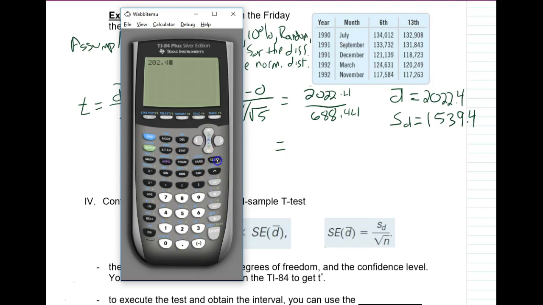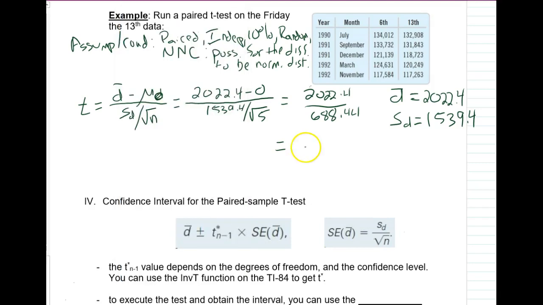That didn't work either. Let's try it again. 2022.4, I will divide that by 688.44, and I get a t statistic of 2.94.